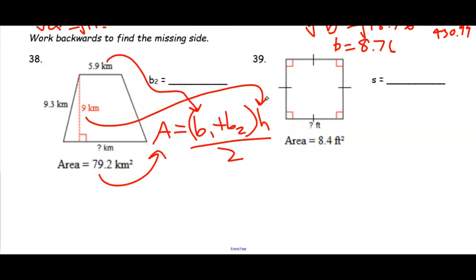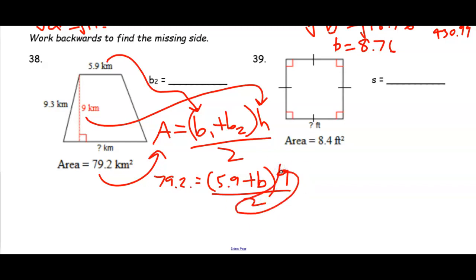All right, so let's plug it in. 79.2 equals 5.9 plus B, we'll call it the missing B, times 9 over 2. Okay, first let's figure out what this 9 over 2 is. So 79.2 equals 5.9 plus B, and then that 9 over 2 is 4.5.